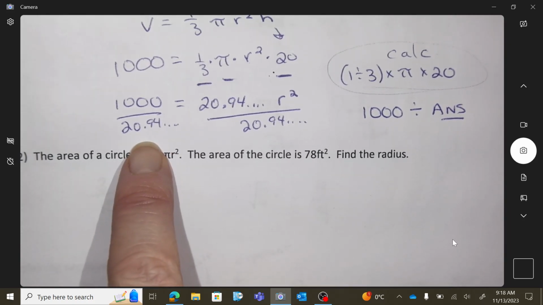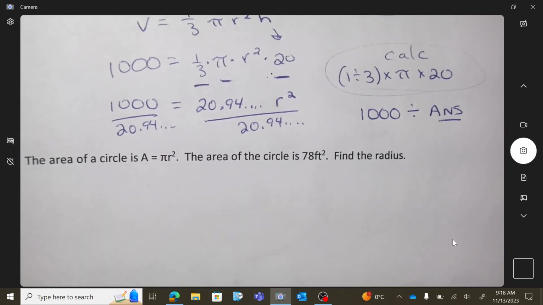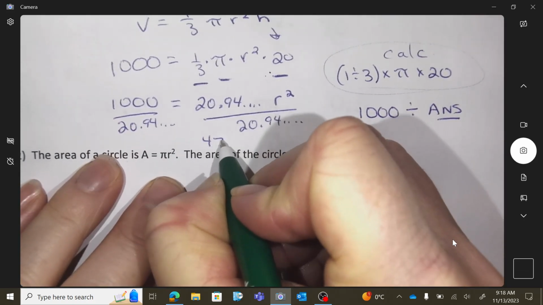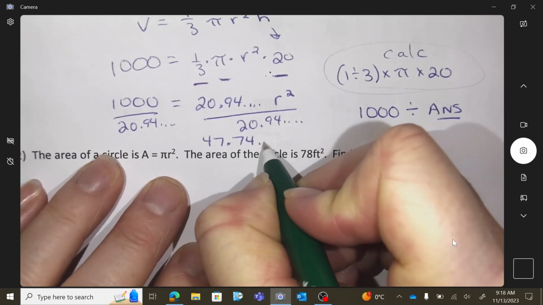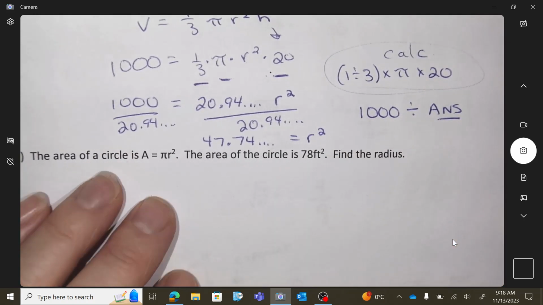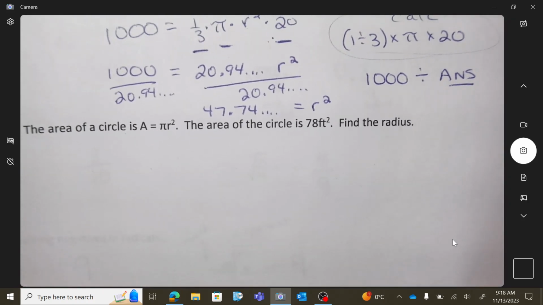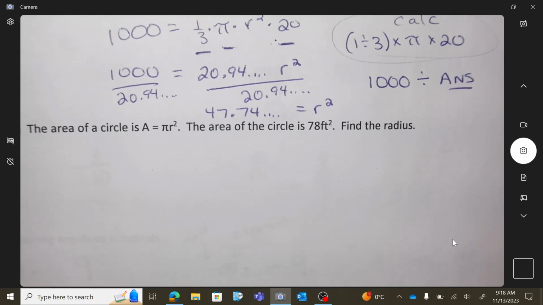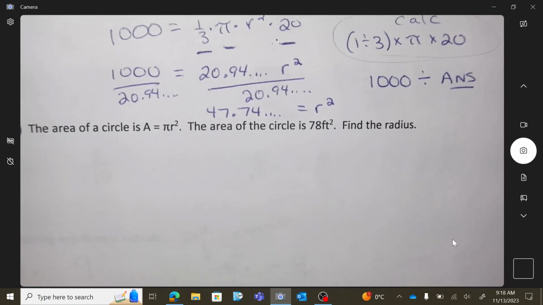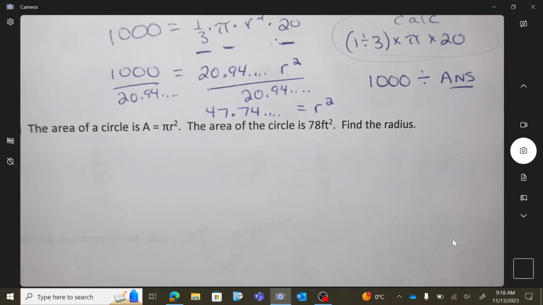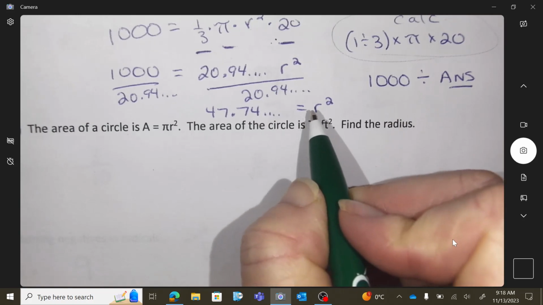Okay, I'm not going to round anything. 1,000 divided by answer. Please make sure you're practicing this. Mason, are you going back to your old calculator?